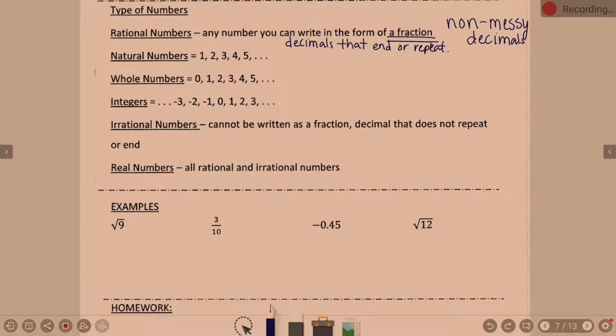Irrational numbers are numbers that cannot be a fraction. And I like to mention that they're the decimals that do not repeat or end. This is where yesterday I believe I used the phrase messy decimals.